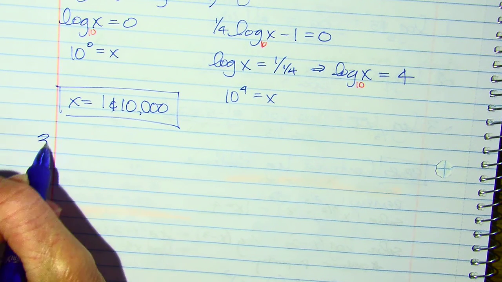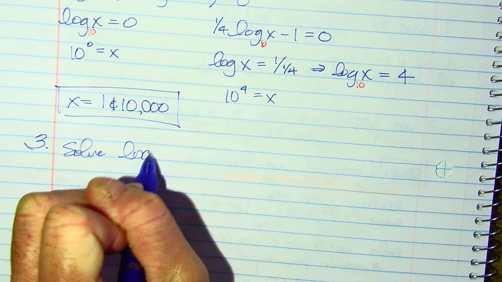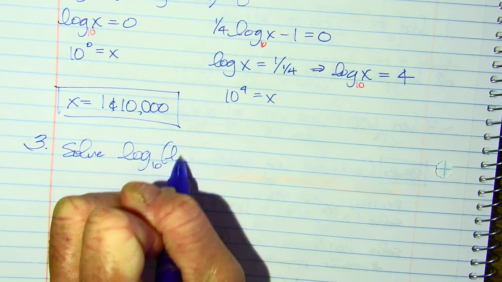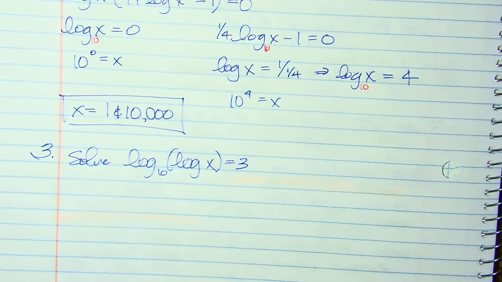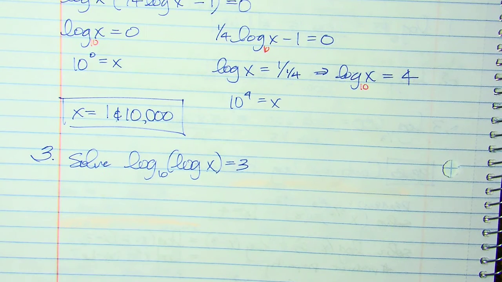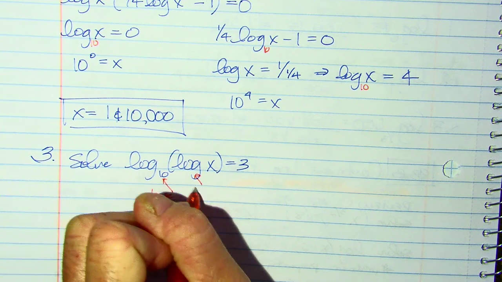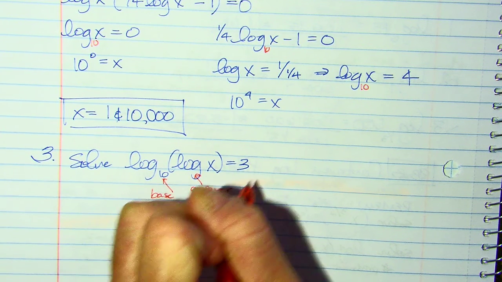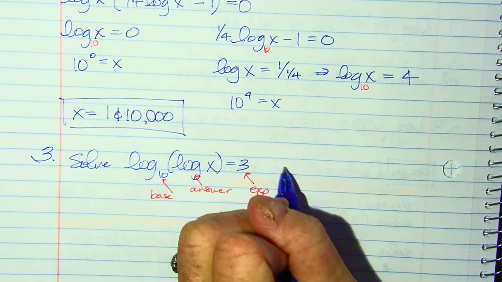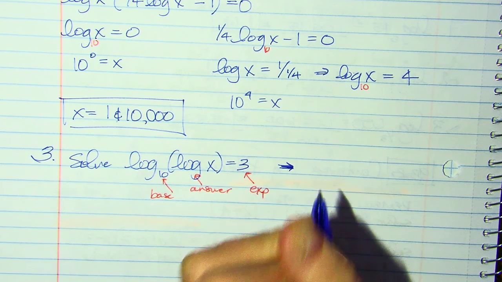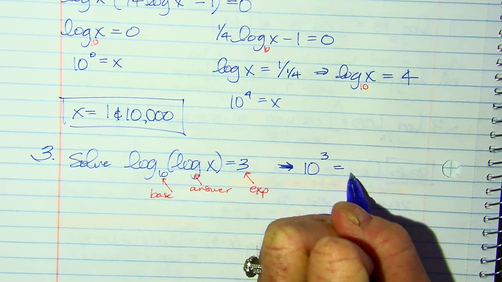Number 3, solve log base 10 of log of x equals 3. Now this is written pretty crazy, but I'm going to remember my parts. This is my base, this is my answer, and this is my exponent. So I'm going to rewrite this in exponential form: my base, my power, my answer.